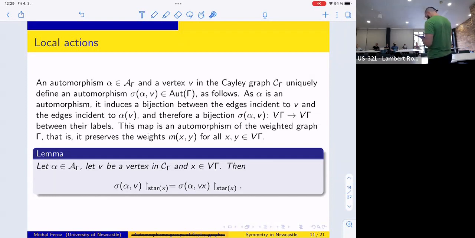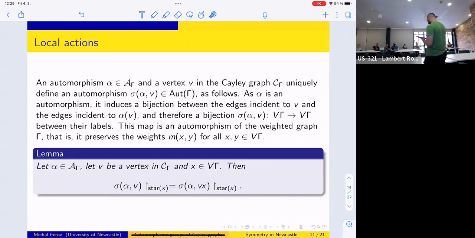And that is that if I take my vertex and move along a generator, those two must agree on the star corresponding to that generator.